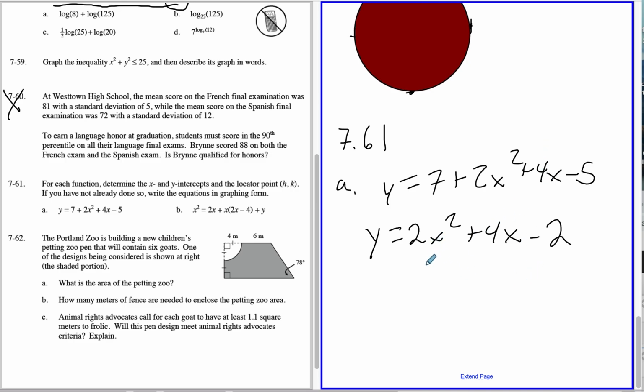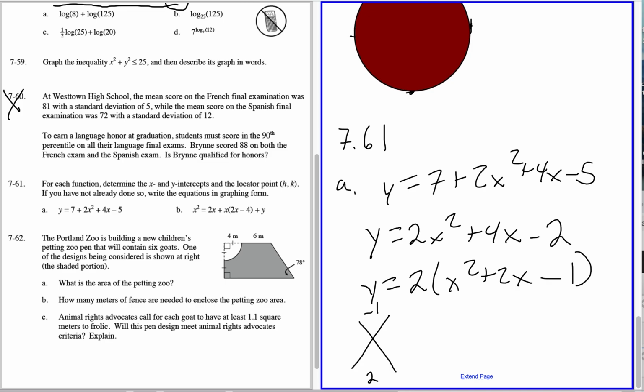I take a look at this thing, I'm like, ooh, they can all be divisible by 2. I can pull that out. So you get x squared plus 2x minus 1. Let's go ahead and factor that on the inside there. I draw my diamond. What multiplies to get to negative 1, adds to get to 2?